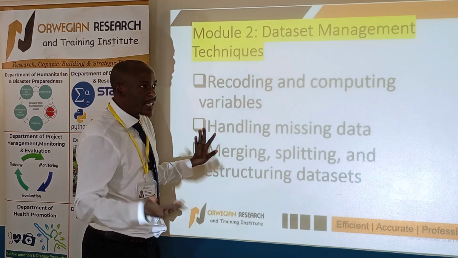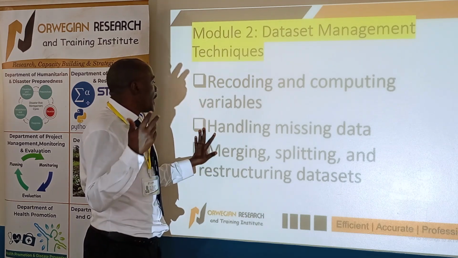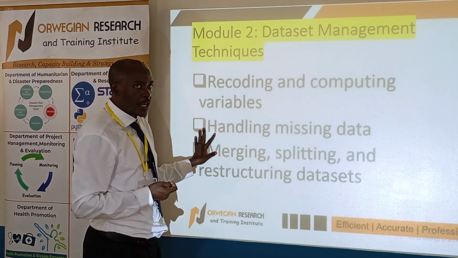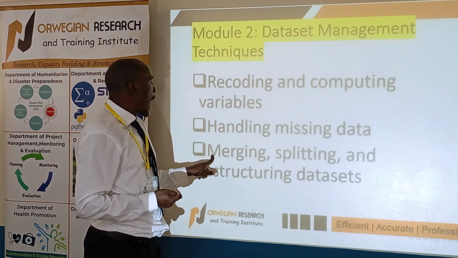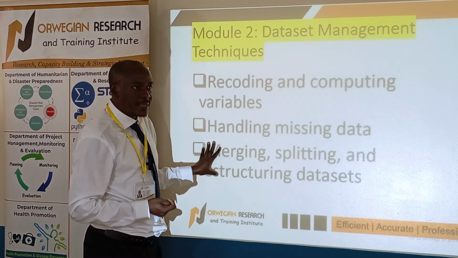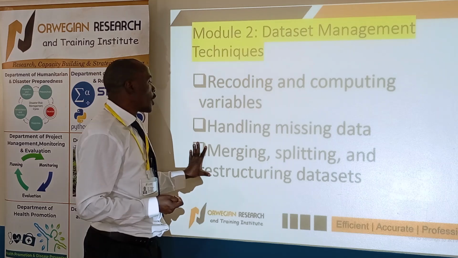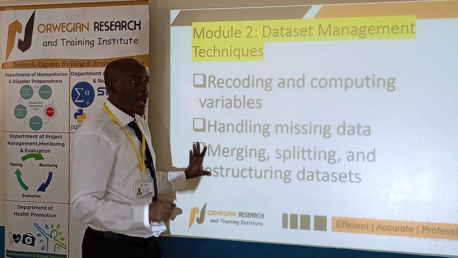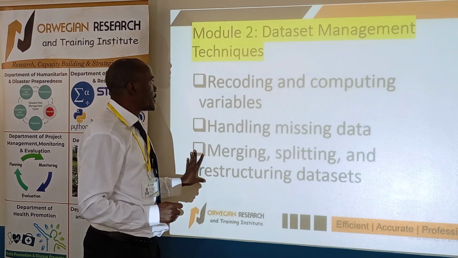Equally, we are going to look at various other elements like outliers and their rectification. We shall look at merging, splitting, and restructuring datasets. This is a very, very important process that is involved in advanced SPSS analysis.